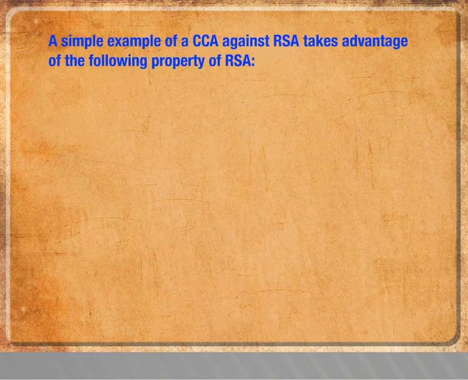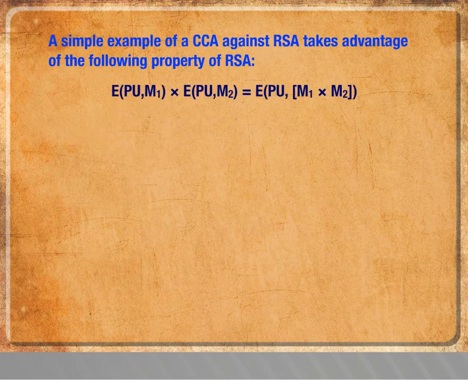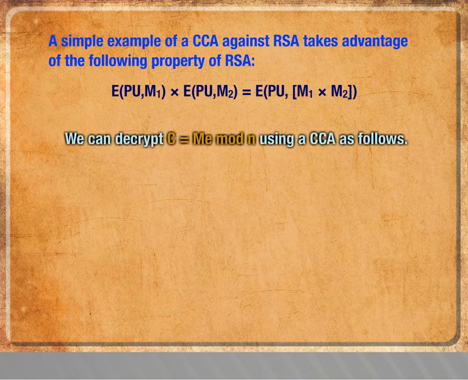A simple example of a CCA against RSA takes advantage of the following property of RSA: E(PU, M1) times E(PU, M2) is equal to E(PU, M1 times M2). We can decrypt C = M^e mod N using a CCA as follows.